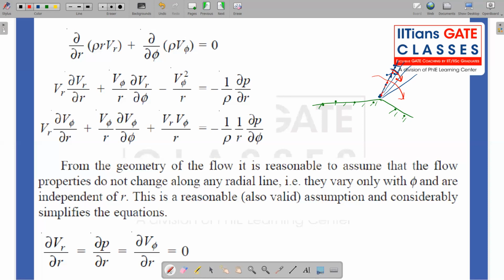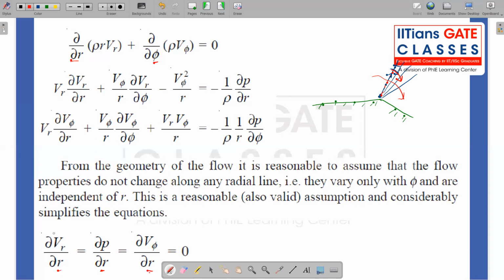But the moment I have this constraint, my governing equations look so simple. Right now I have them in polar coordinates with respect to r and phi. All these differential equations are defined with these two variables as functions. Now when I have a constraint that in the radial direction nothing changes, all these derivatives with respect to the radial coordinate r are going to vanish.